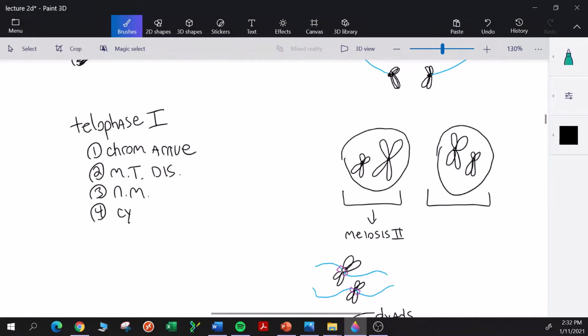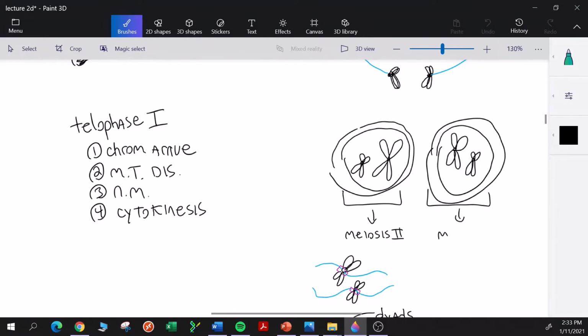And then in plants and animals, I should say, most plants, most animals, cytokinesis ensues. So we actually get 2 new cells here. Okay, and those chromosomes might decondense also. So each of these products of meiosis I now will undergo meiosis II.